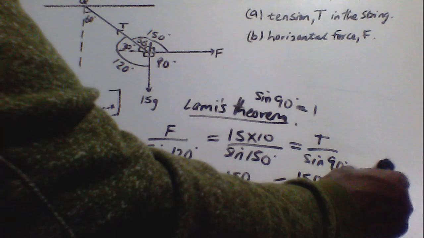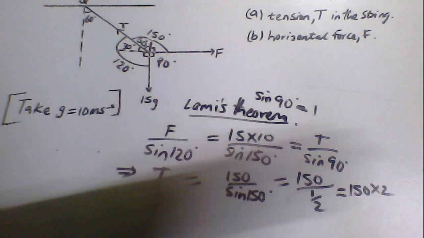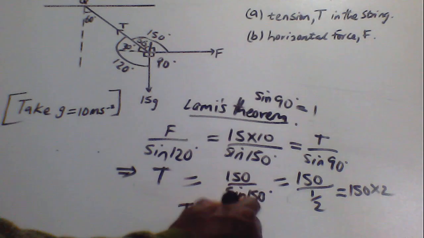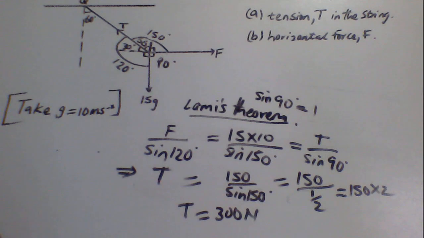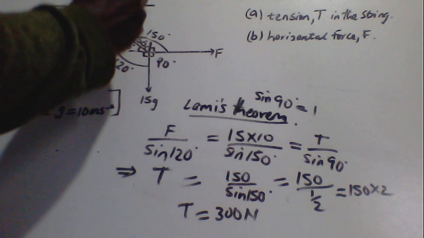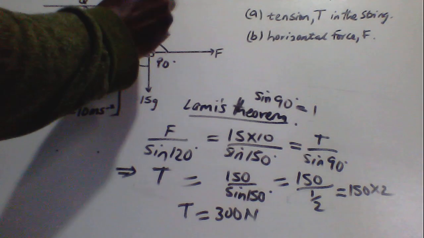In that case, you have 150 multiplied by 2. So T is equal to 300. T is equal to what? 300 Newton. So you come to this place and put it. T is equal to 300 Newton.